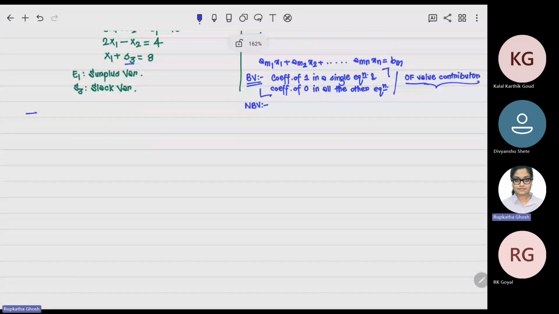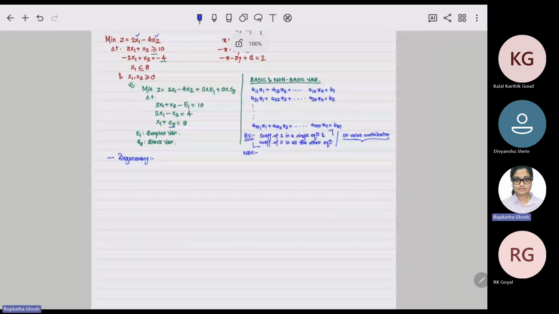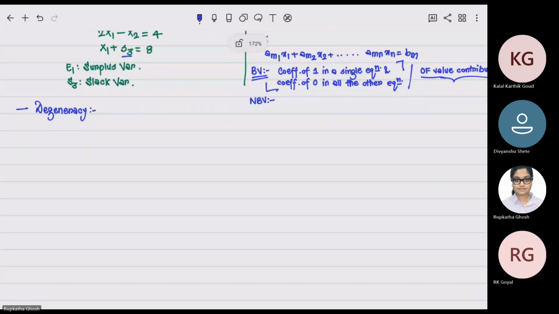So one solution that we did not discuss in the last class was degeneracy, or the degenerate solution. What is a degenerate solution? Any solution is said to be degenerate for an LP model if one or more of the basic variables in the basic feasible solution has a value of 0.